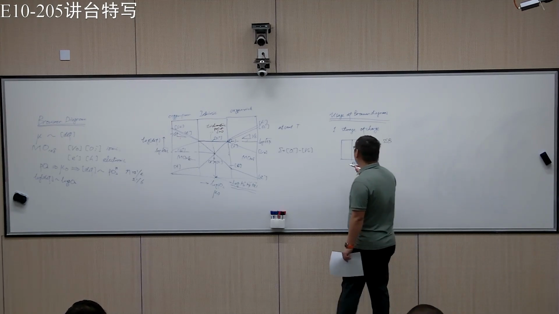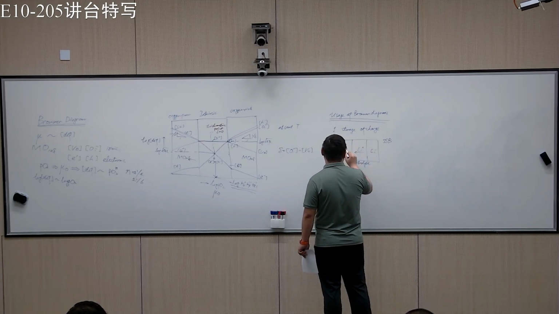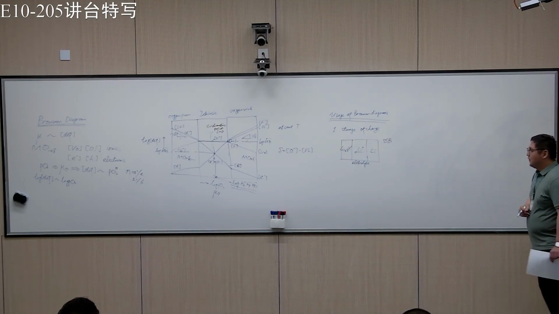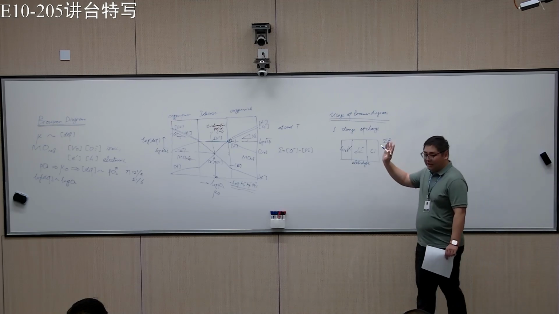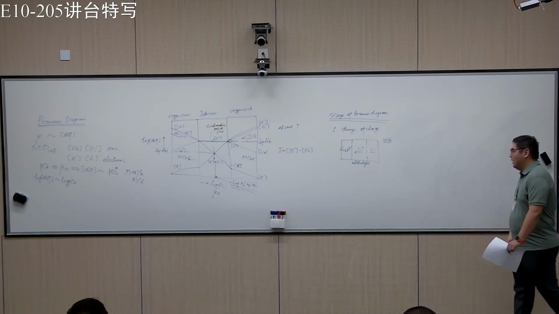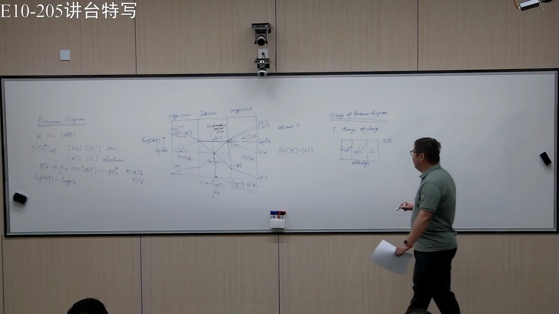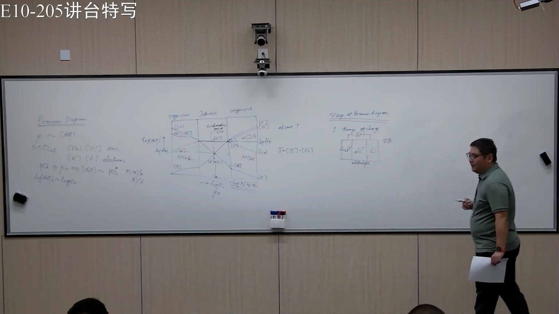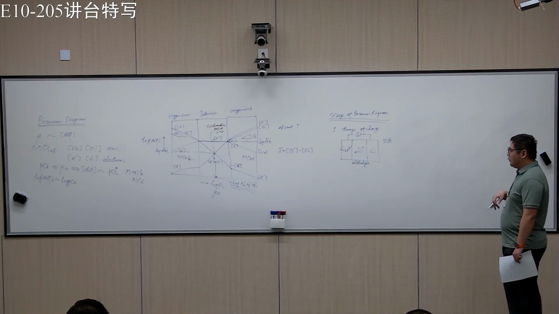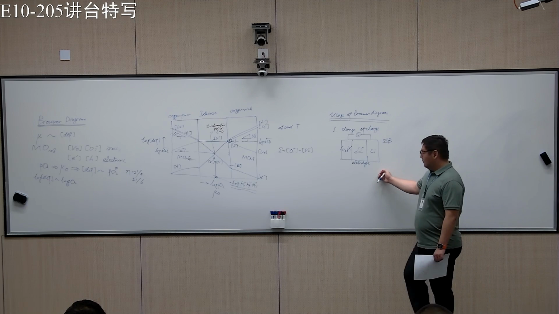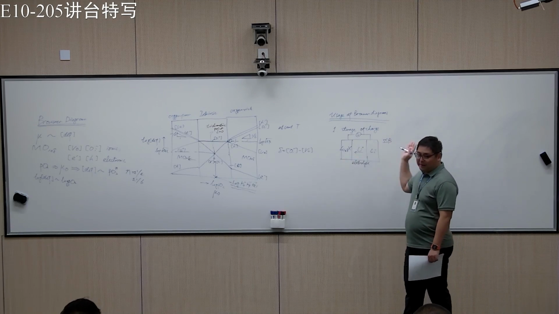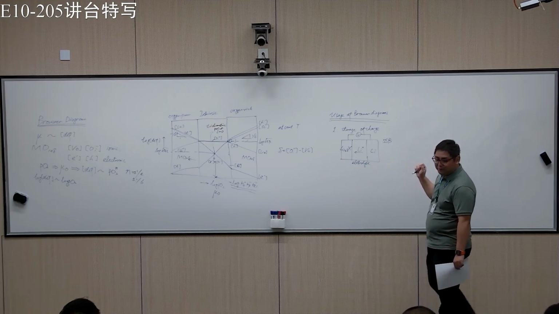Then we have another compound, let me call it lithium X, where X can be anything, just a random battery. A battery can give you electricity by shuffling the lithium from anode to cathode and back and forth, because it's supposed to be rechargeable.